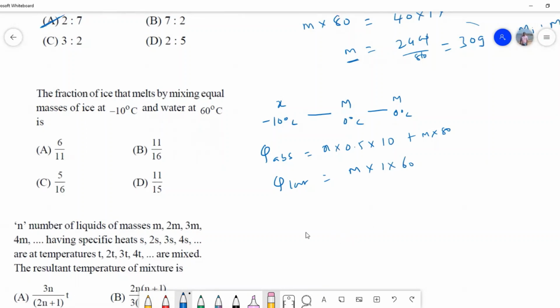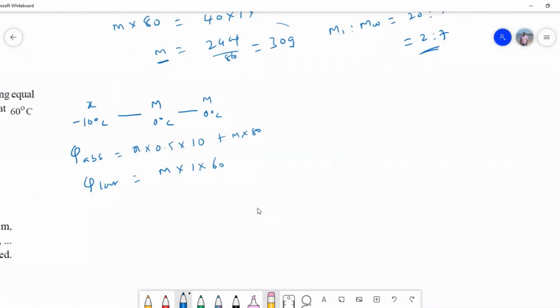Now let's equate them. Out of m grams of ice taken, for all the m grams the temperature changes, but x grams will melt. So here you get m, and here you get x into 80.